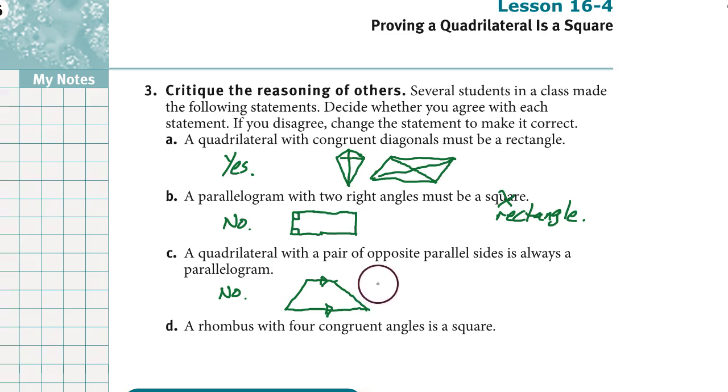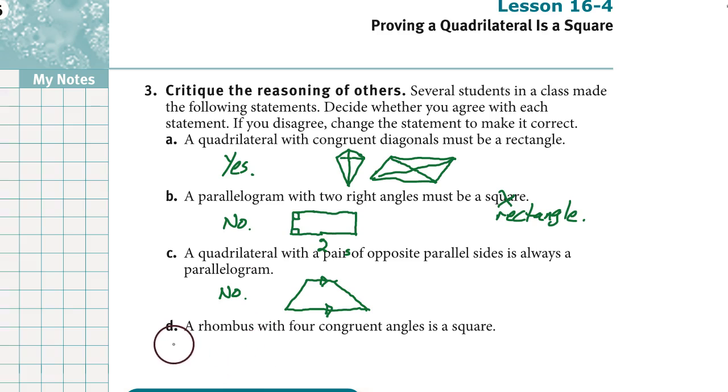So to correct this sentence, we could say a quadrilateral with two pairs of opposite parallel sides is always a parallelogram. Or another way to correct the sentence, a quadrilateral with one pair of opposite parallel sides is always a trapezoid. That would be another way to fix the sentence.